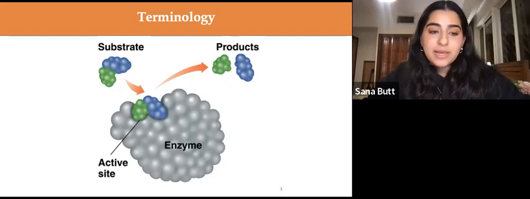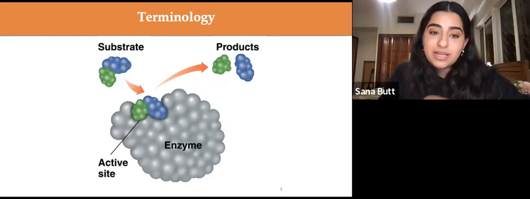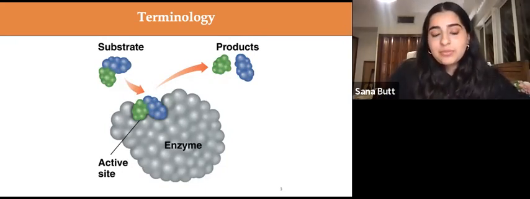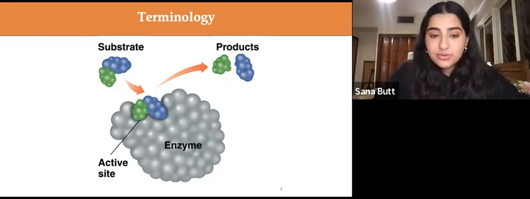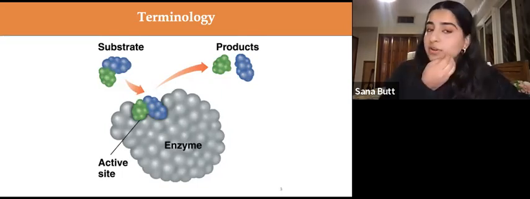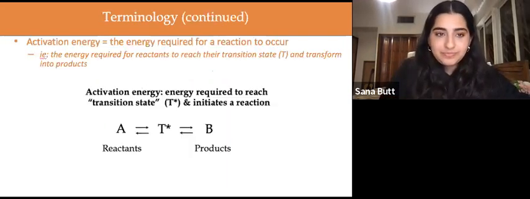But basically, you can expect the specific shape and chemical environment within each active site of an enzyme to yield a different type of reaction. We can expect the active site of an enzyme like lactase, which breaks down lactose, to be different to the active site of an enzyme like sucrase. So whenever you hear a question about what determines the specificity of an enzyme, it's always the active site.